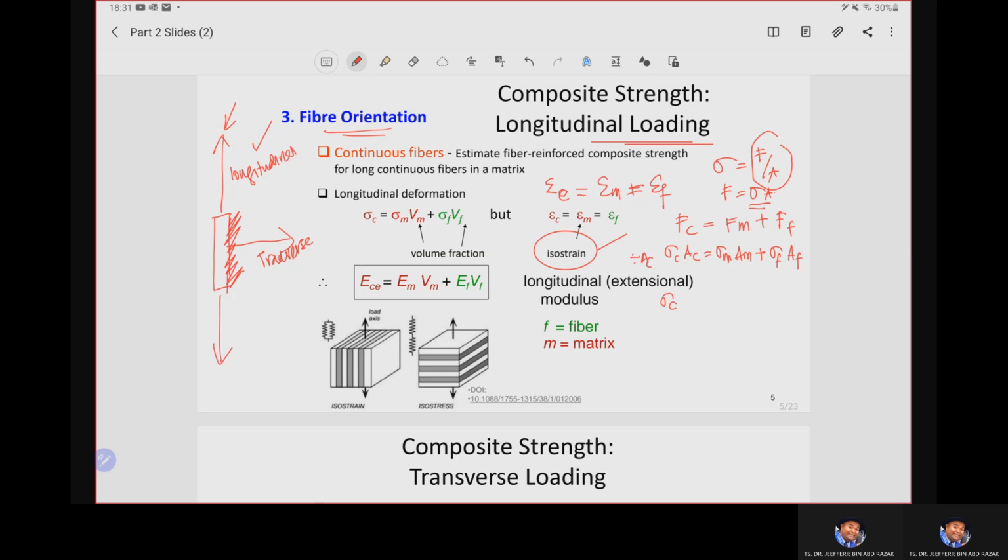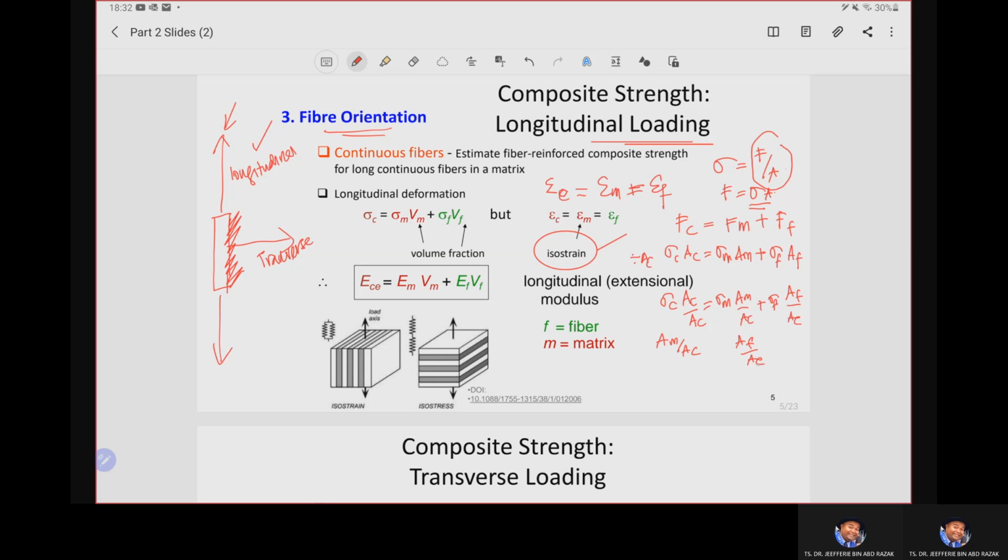So you will have sigma C AC over AC equals sigma M AM over AC plus sigma F AF over AC, where AM over AC and AF over AC are the area fractions of the matrix and fibers respectively.